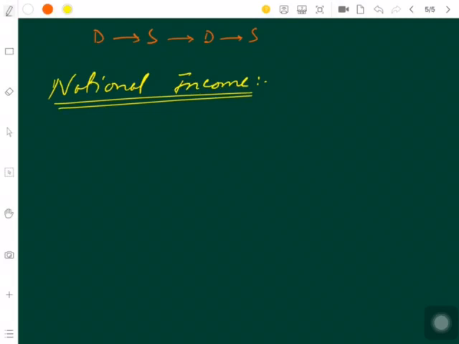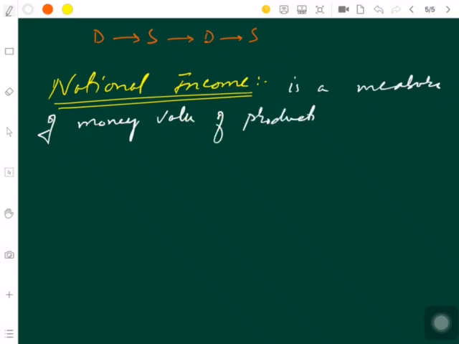So, national income is a measure of money value of production activity of a country.